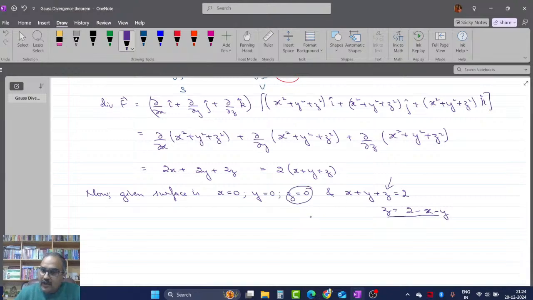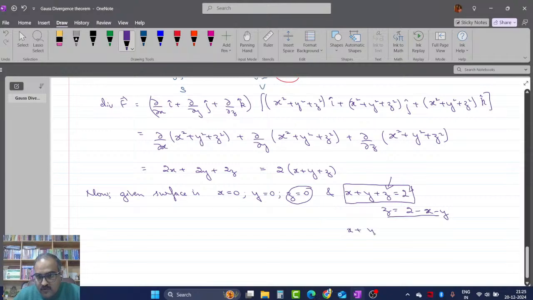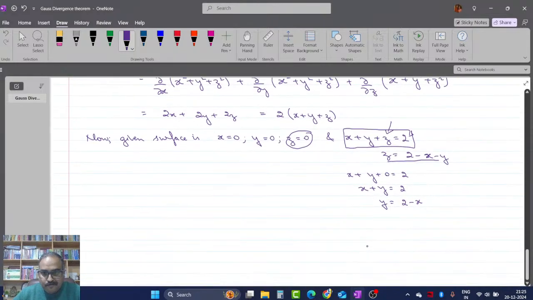And now when I have calculated the value of z from this term, you need to substitute this value as 0. So it will be x plus y plus 0 is equal to 2. That means x plus y is equal to 2, so y is equal to 2 minus x.